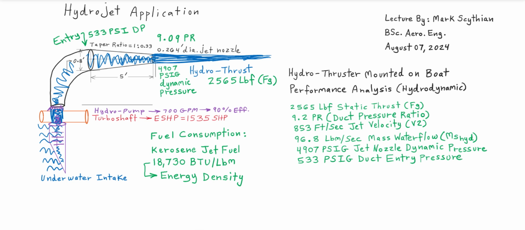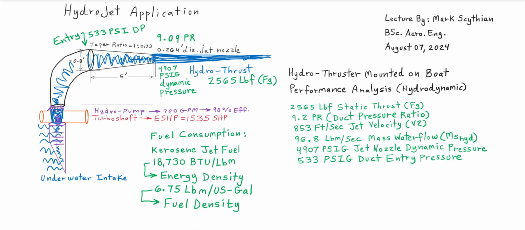you're using the turboshaft with a typical shaft or equivalent shaft horsepower, like from a Honeywell application. So right there, using kerosene jet fuel, we have an energy density of 18,730 BTUs per pound. And then we have a fuel density of 6.75 pounds per US gallon.